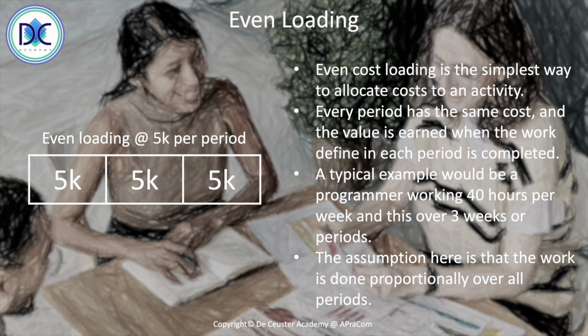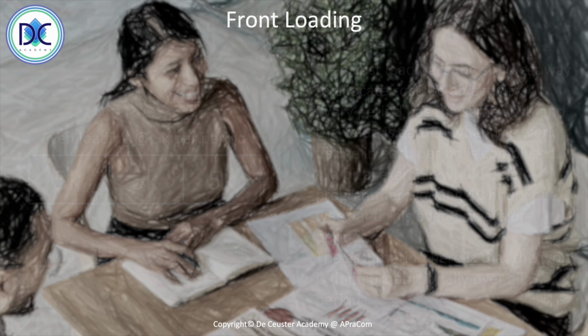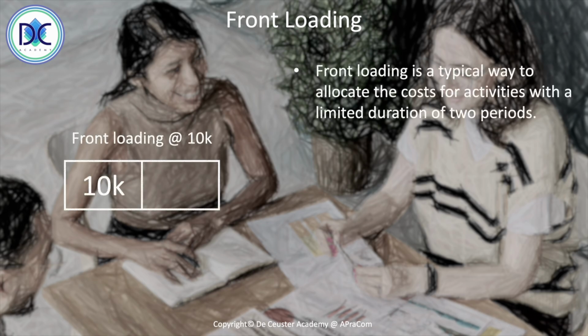We also have front loading. In this case, the costs of the activities are allocated for activities which have a limited duration of 2 periods. If we have 1 period, there is only one place you can put the cost. But when we have short duration activities, we can consider front loading.